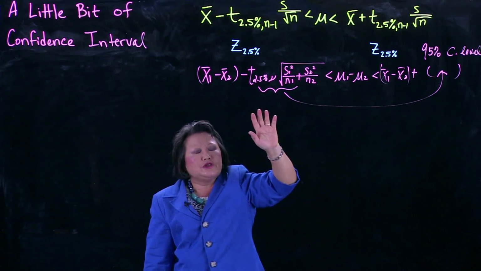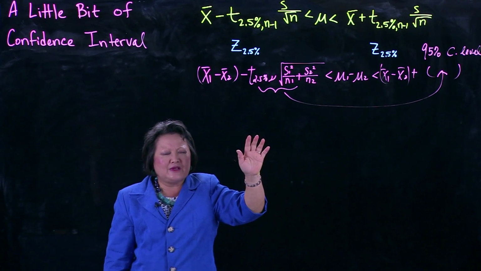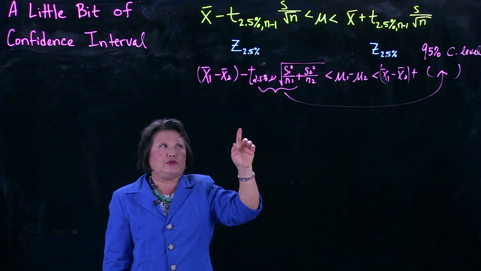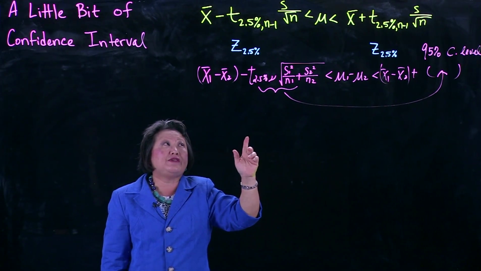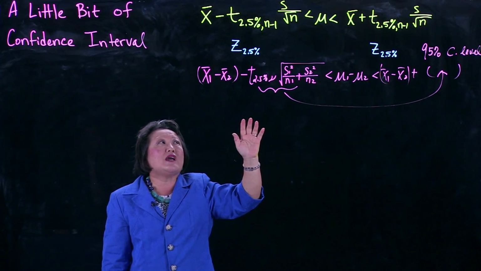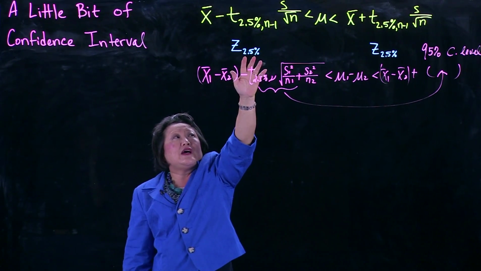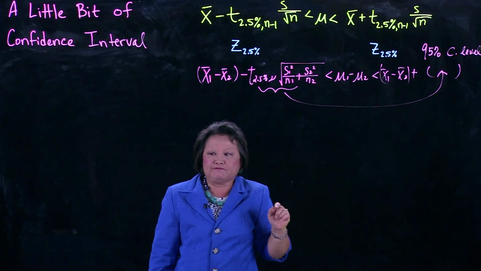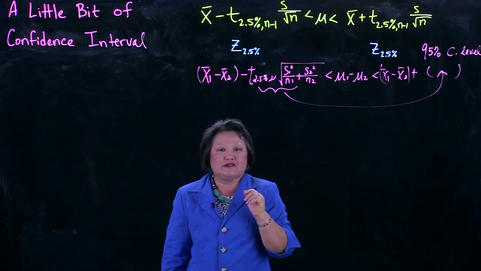So what you want to be able to say is, I don't know what the population mean is, since I can't sample everybody, but I can tell you with, say, 95% confidence, it lies somewhere between a lower bound value and an upper bound value, based on only limited sampling.